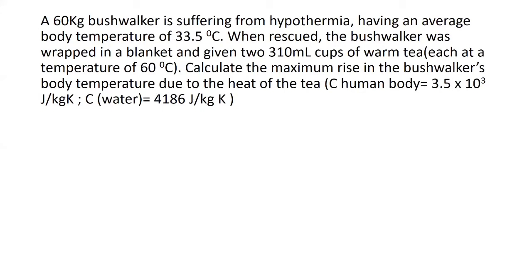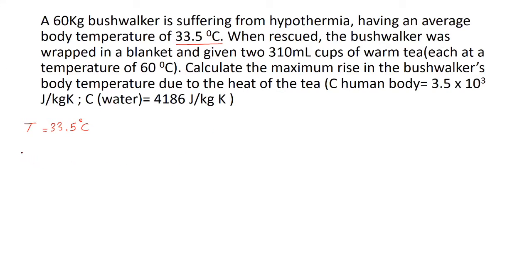Second question: a 60 kilogram bushwalker is suffering from hypothermia, having an average body temperature of 33.5 degrees Celsius. So the temperature, I write here, T equals 33.5 degrees Celsius. When rescued, the bushwalker was wrapped in a blanket and given 2 310 milliliter cups of warm tea.